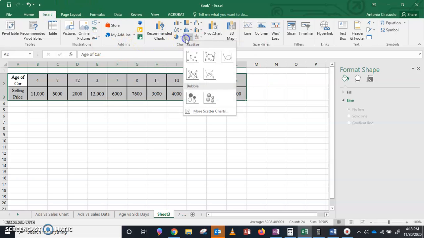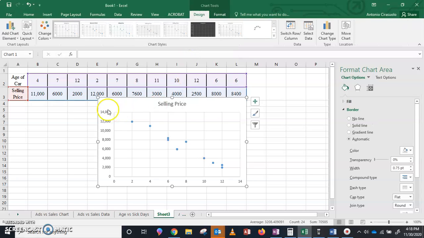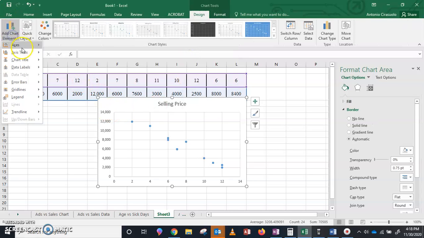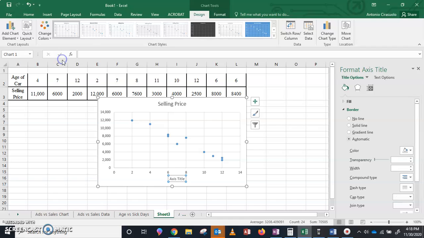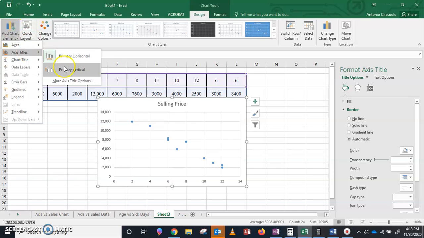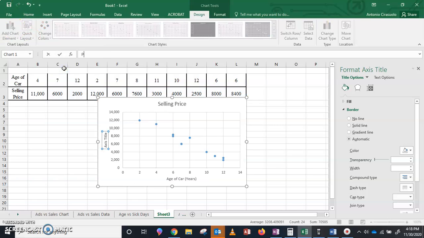insert, scatter plot, and once again I'm going to put the important information, axis titles, so that's age of car, and we'll say years. The Y label is the price in dollars.